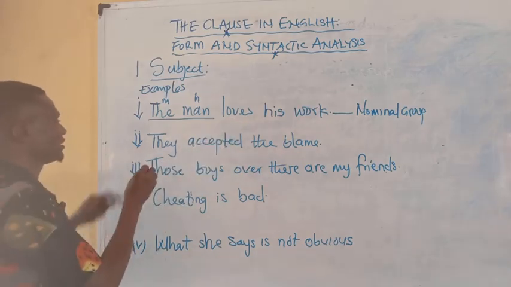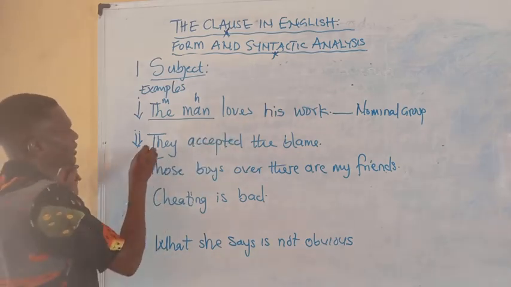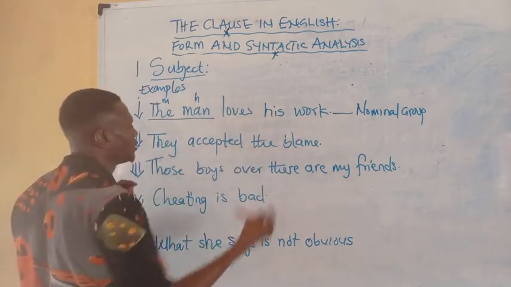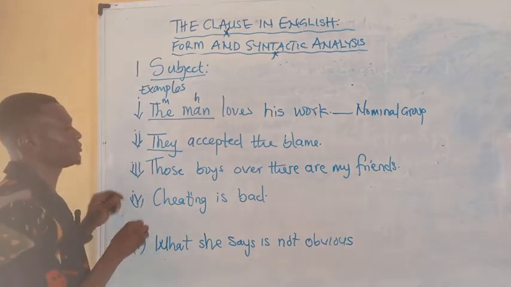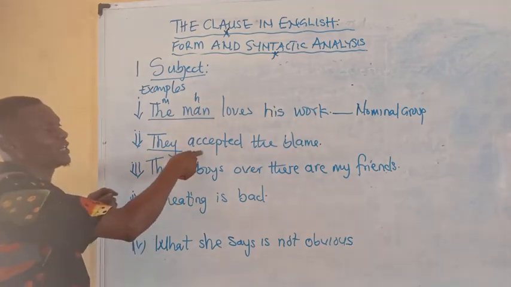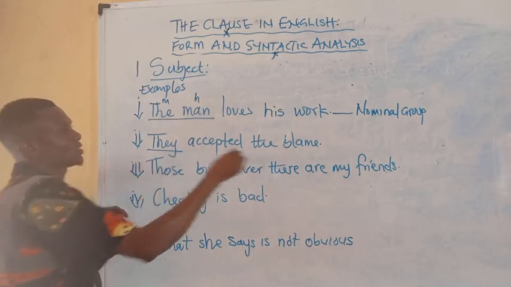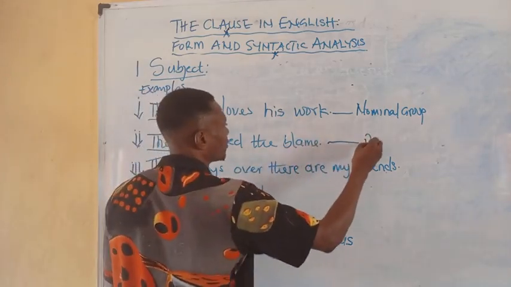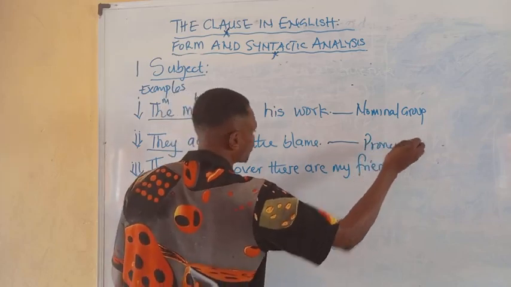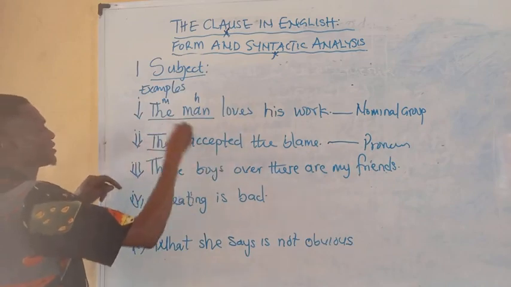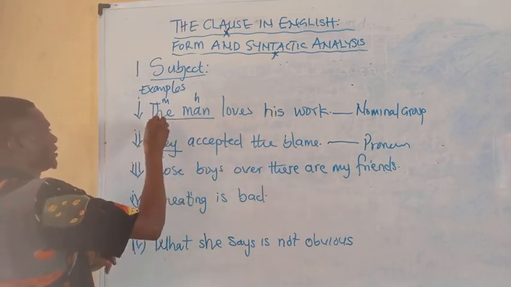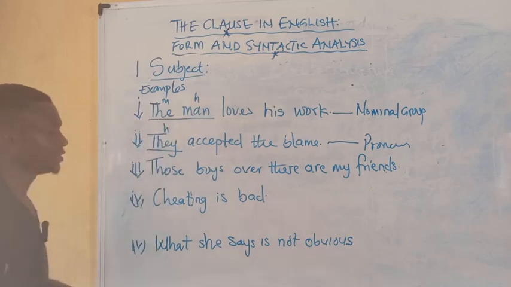Number two: they accepted the blame. They here is the subject performing the action of accepted, and it stands as a pronoun.